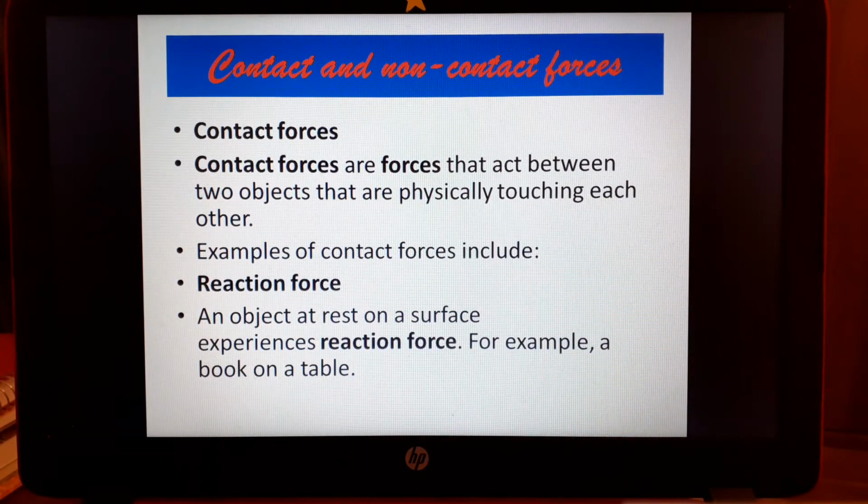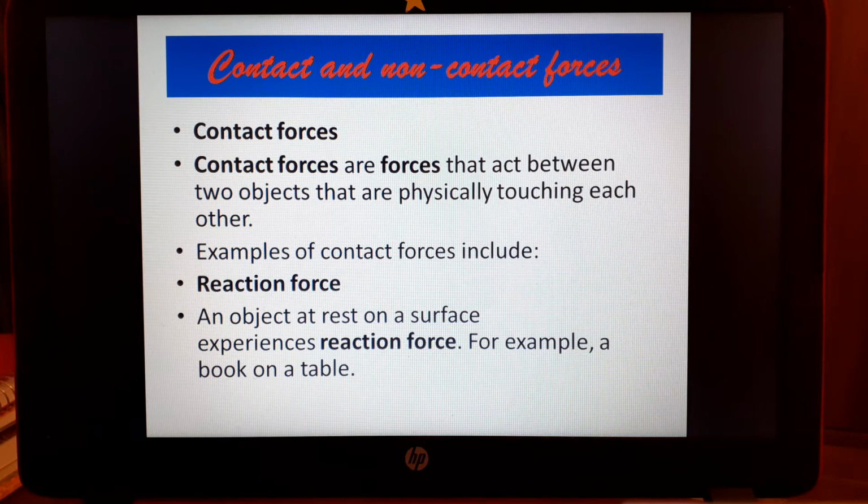Contact forces need the objects to be physically touching each other. The first type is reaction force. Reaction force is applied on any object on planet Earth and other planets for that matter. It's the force that opposes gravity. Later on, we're going to see there's a force pulling an object down. Well, opposite to that force is another force called reaction force, or sometimes called normal force.